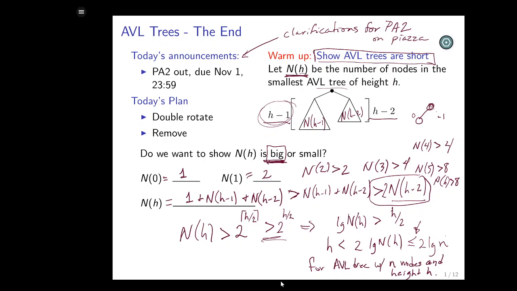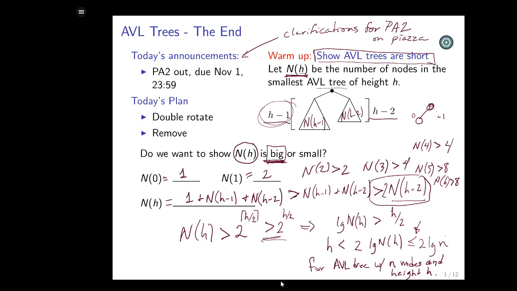So is big or small referring to any arbitrary binary tree? No, this is only referring to this function N of h. Yeah, but by big, you mean having more nodes.